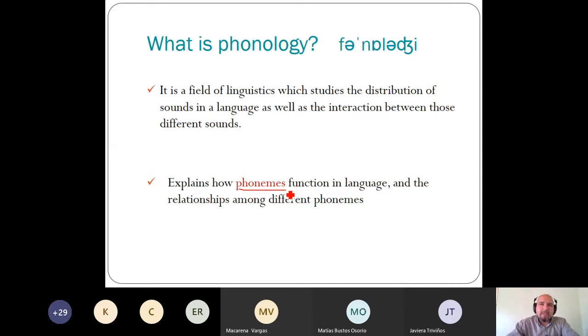Do you know a word in Spanish ending in t? No. Okay.